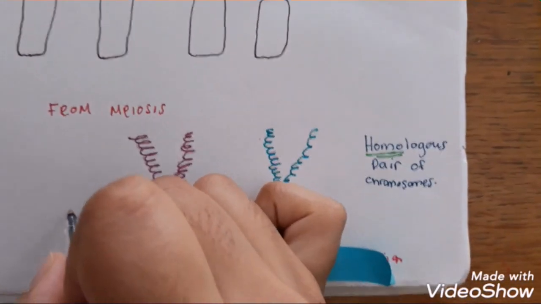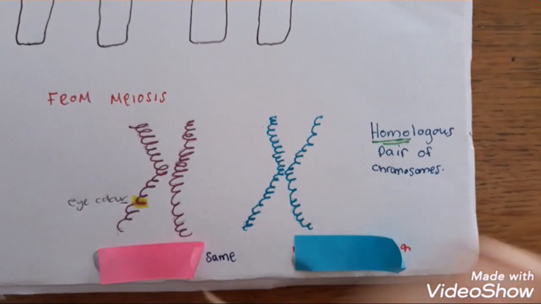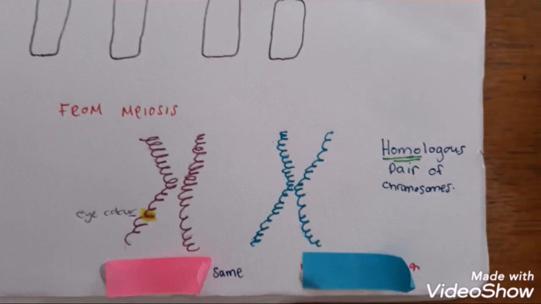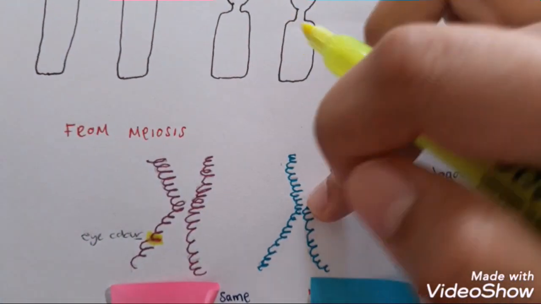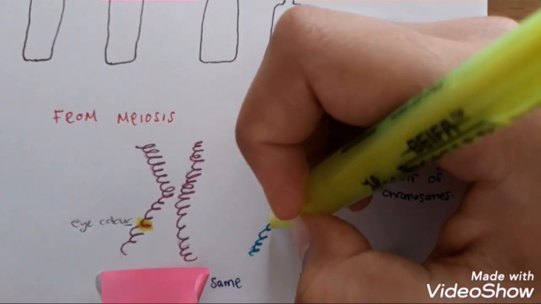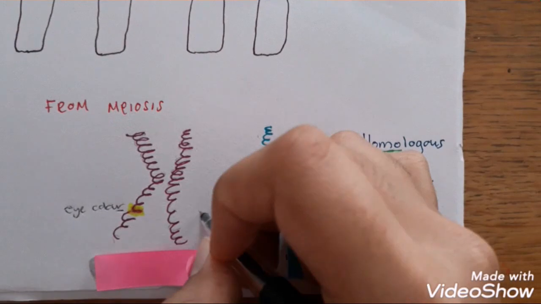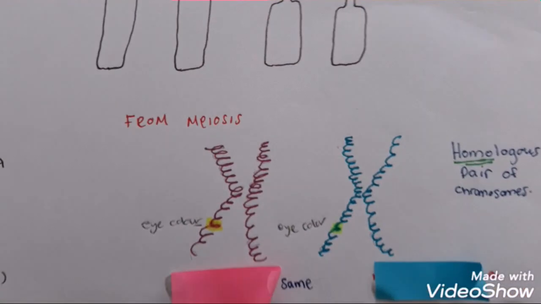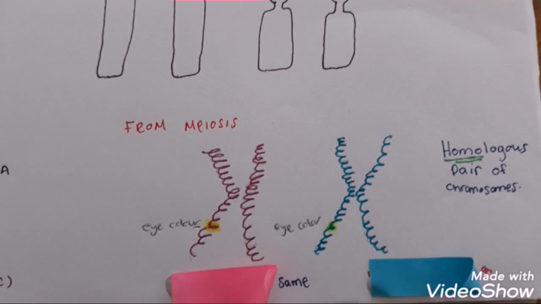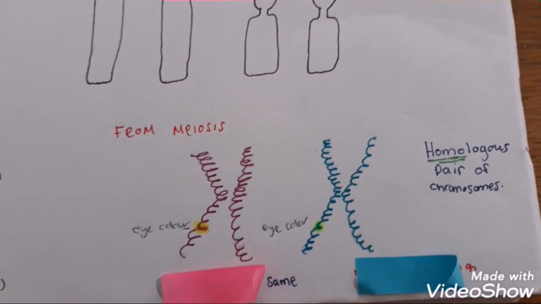Okay. With the other chromosome, there could be the same gene that also codes for eye color. Alleles is an alternative form of the same gene on a chromosome.